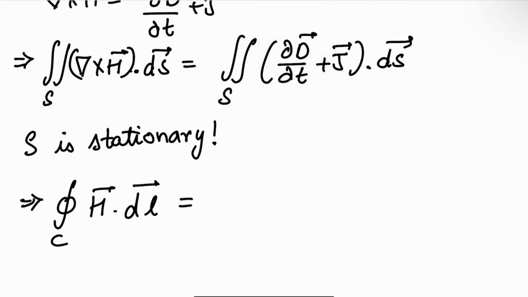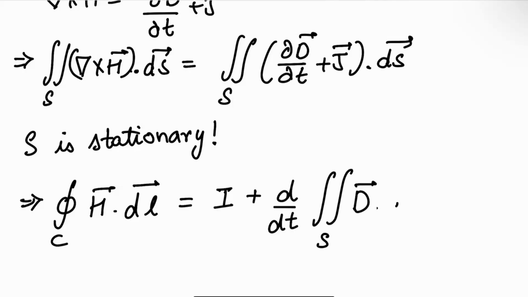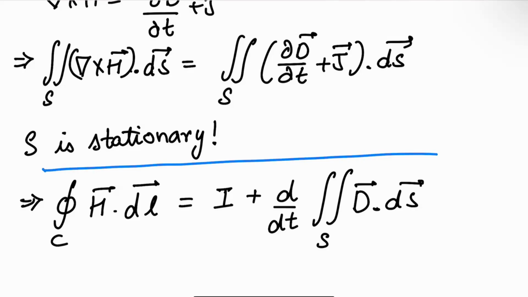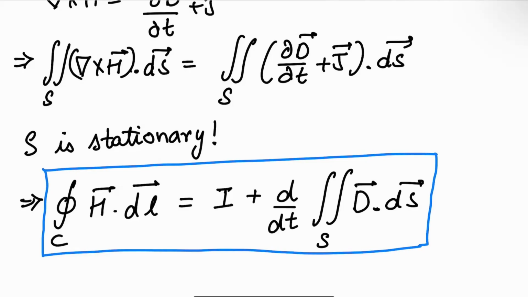It's the surface integral of the current density, and that's nothing but I, which is a scalar quantity, plus now I've taken the derivative out because that surface I'm assuming is stationary. And this is your integral form of Ampere's law.